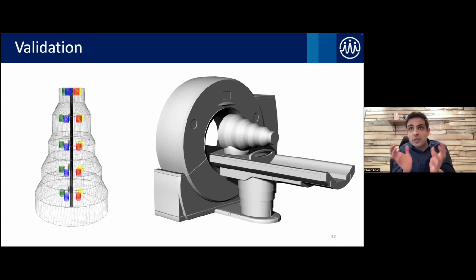We create a virtual version of that and simulate those acquisitions exactly with the attributes of that scanner and parameters. And then we compare the two images, qualitatively, just visually making sure that images look similar to one another, and also quantitatively, that they have close image quality attributes.